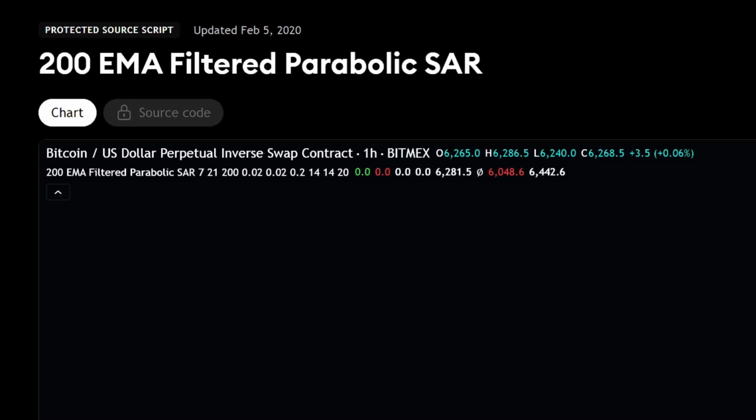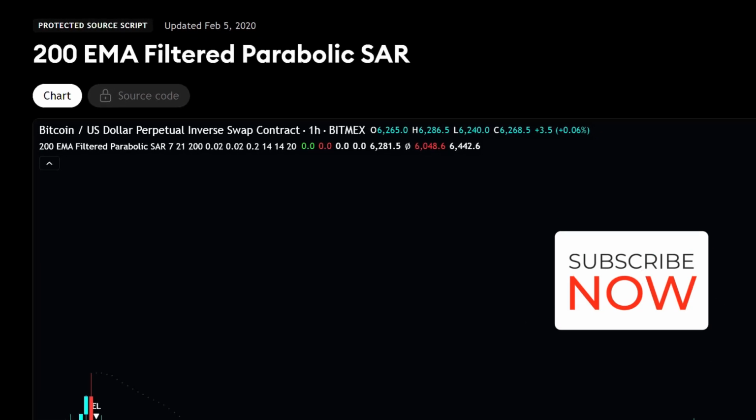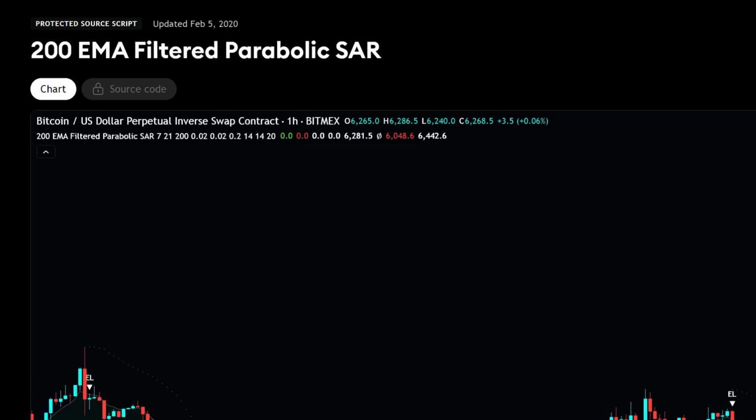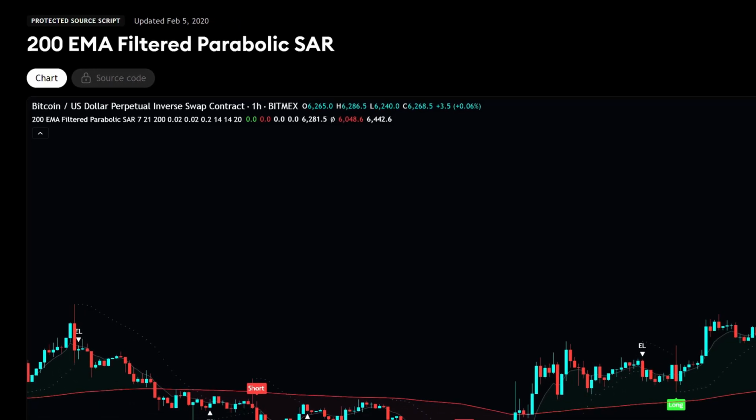This indicator combines a long-term trend filter, the 200 EMA, with a dynamic stop loss and potential reversal indicator, the parabolic SAR. It gives us a much clearer view of the overall trend and potential entry and exit points.